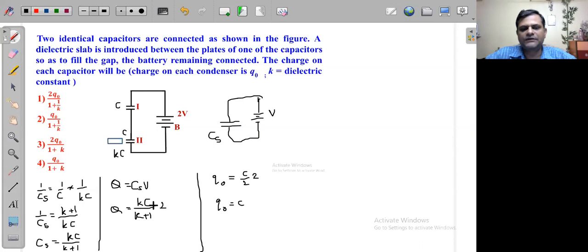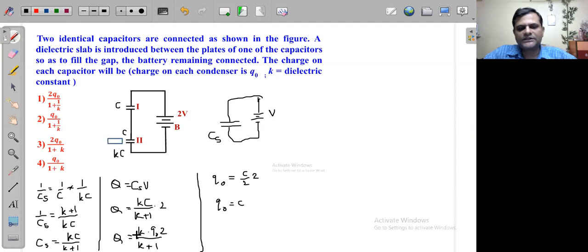And if we just put the value of this C as Q naught here, then we can get the total charge on the combination to be simply equal to K into Q naught into 2 upon K plus 1, which gives 2K Q naught.